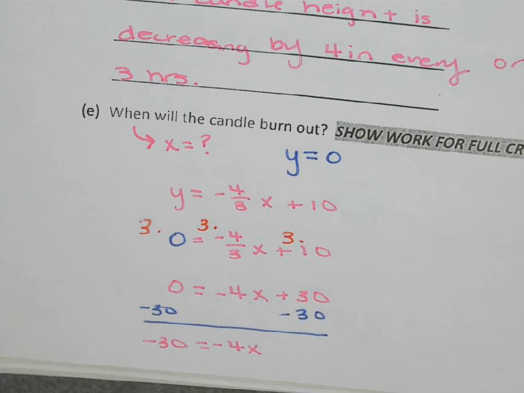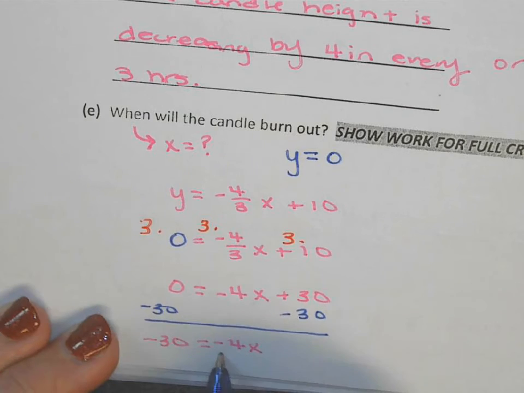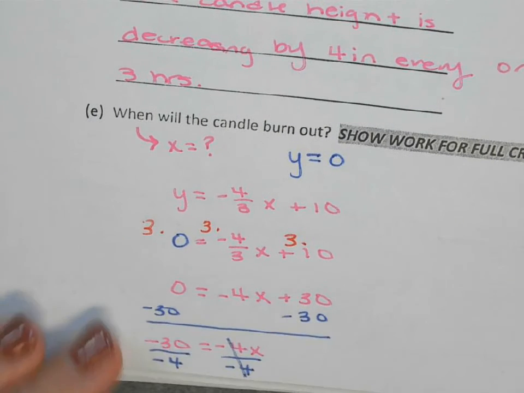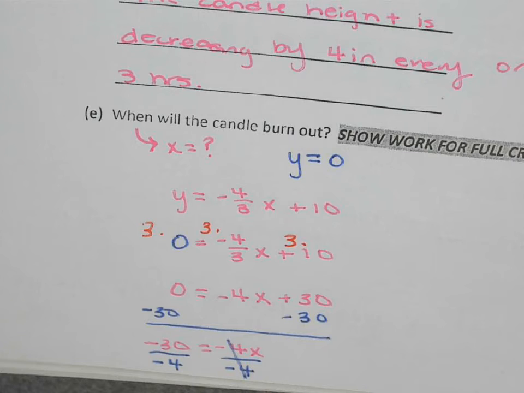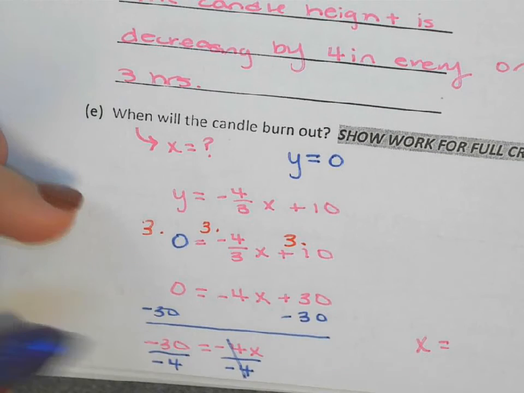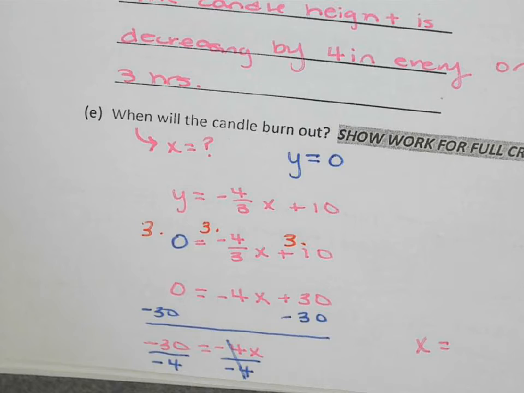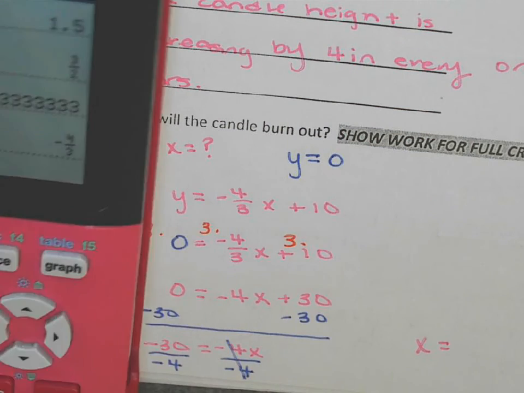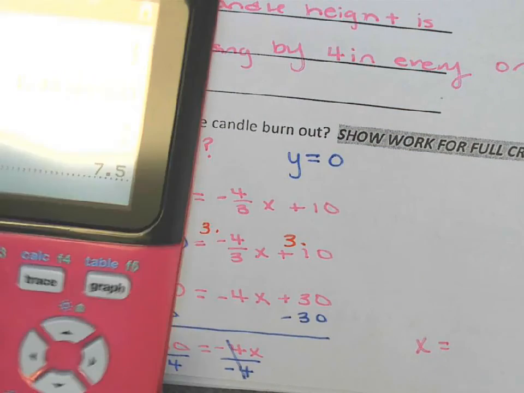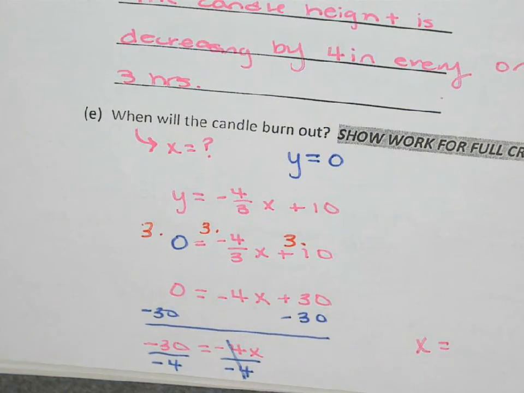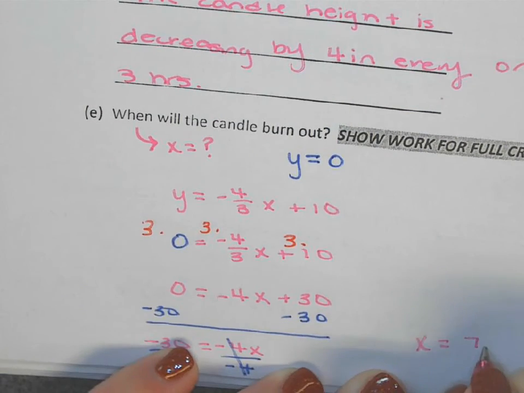Now I will divide by negative 4. Negative 4 over negative 4 turns into 1, so on the right side I have x equals negative 30 over negative 4, turns into a positive, and it's about 7.5. Okay, so x is 7.5.